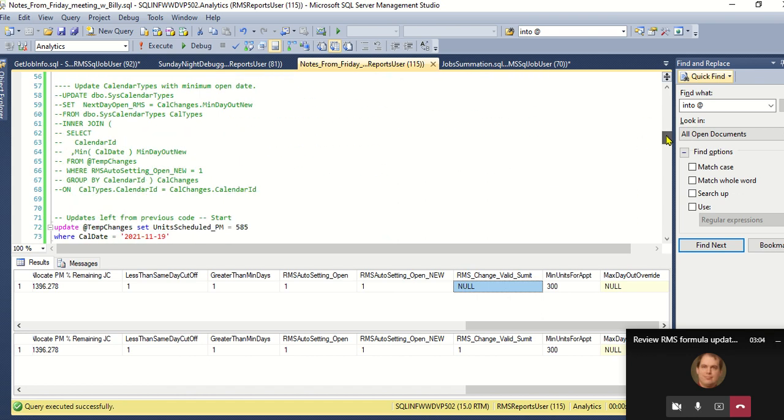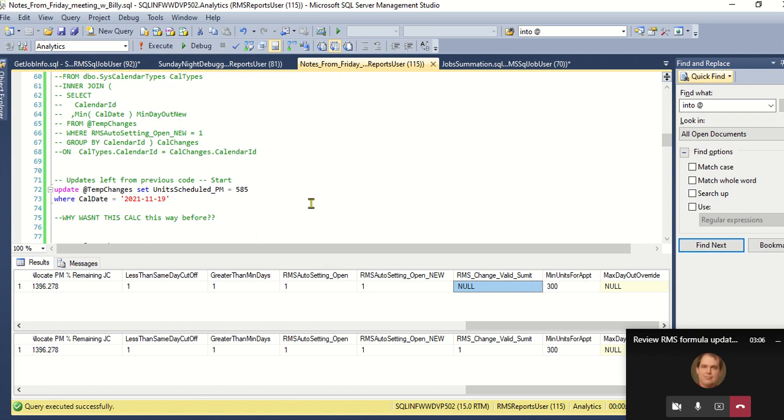But if I manually set, for example, the current units that are scheduled, which I calculated as 585 in this area, then it will become valid.